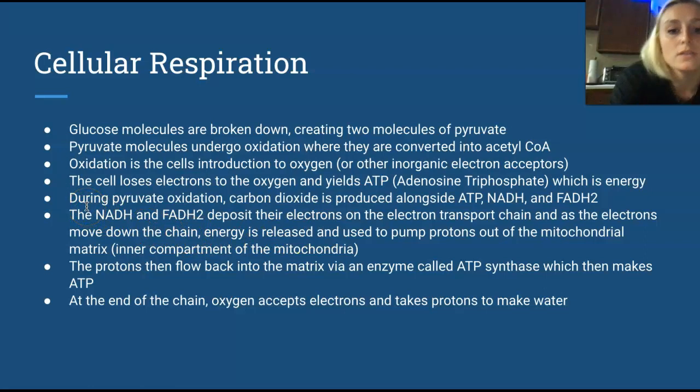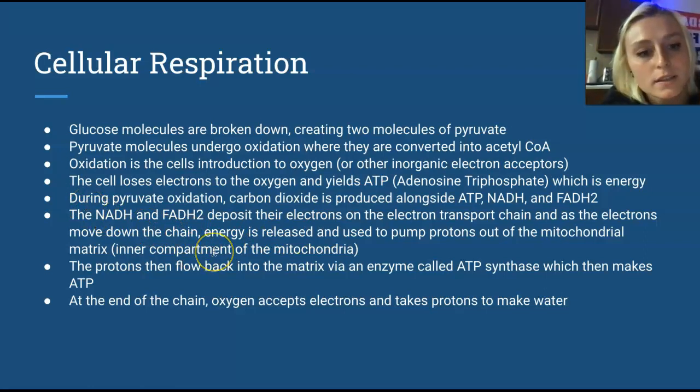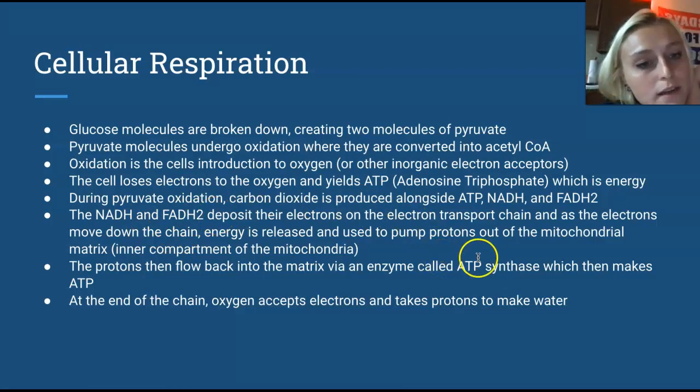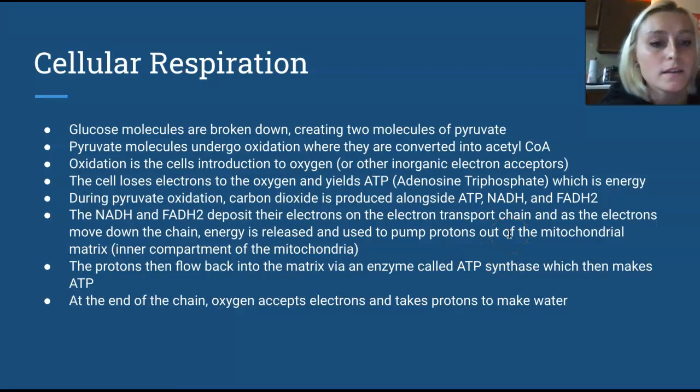And so the cell loses electrons to the oxygen and yields ATP, which is adenosine triphosphate, also known as energy. So during the pyruvate oxidation, carbon dioxide is produced alongside ATP, NADH, and FADH2.